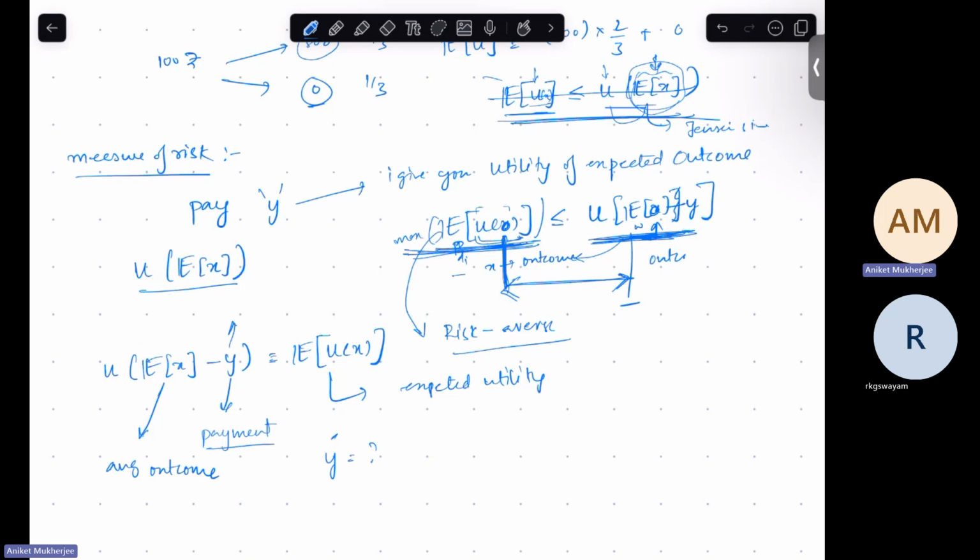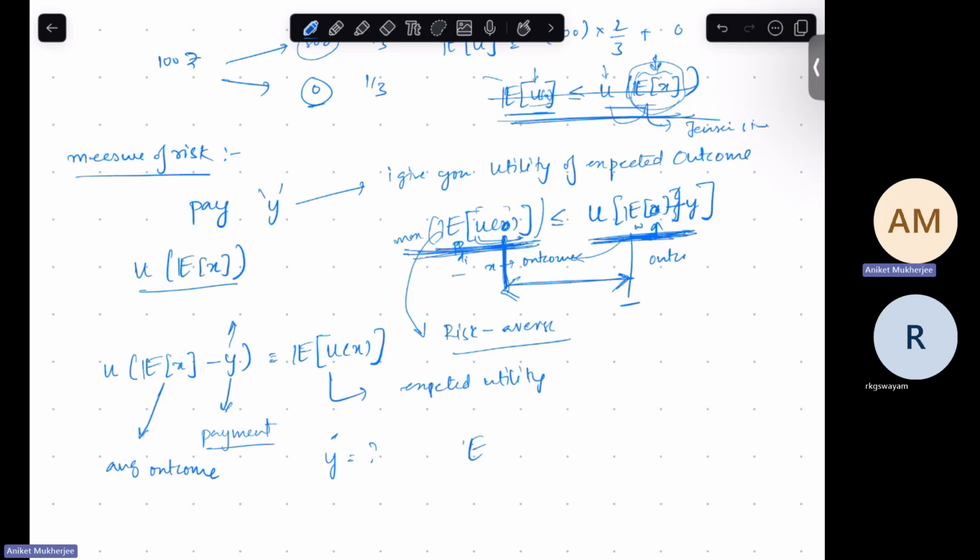Okay, I'll be more clear here. The statement here is, suppose utility is a linear function. Then you see that my left hand side and right hand side would be equal.